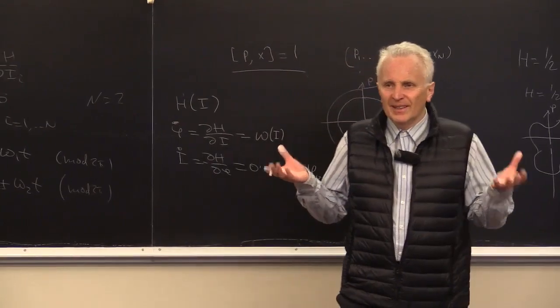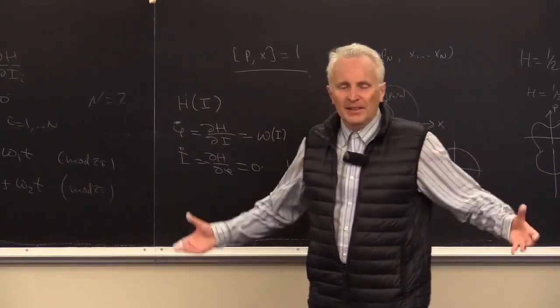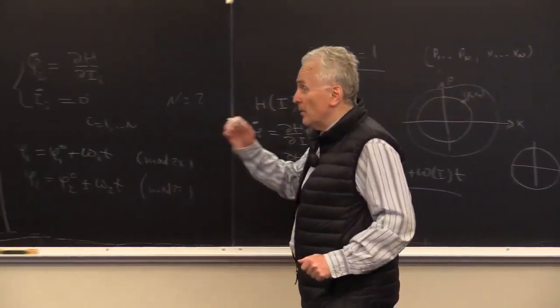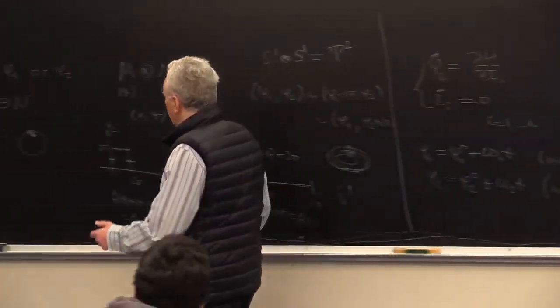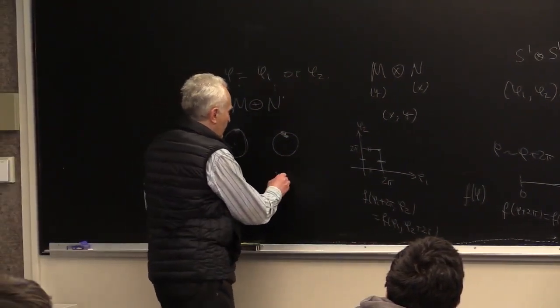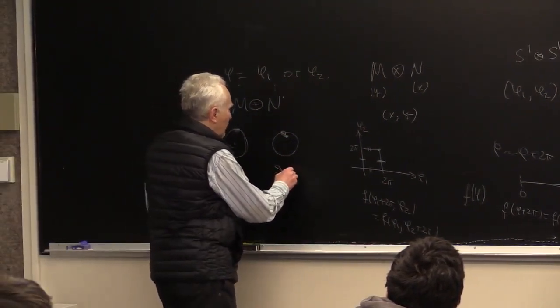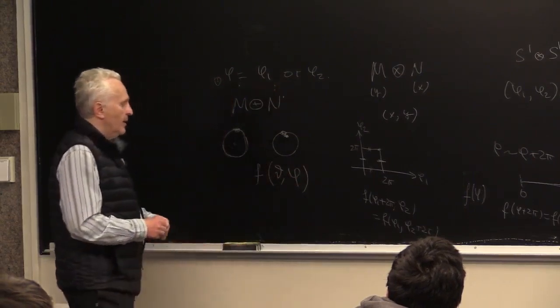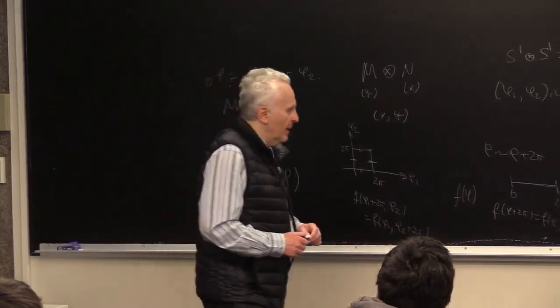What would be another natural topology? A sphere. On a sphere you have two angles, the azimuthal angle and the polar angle, so you have to consider functions f of theta and phi.